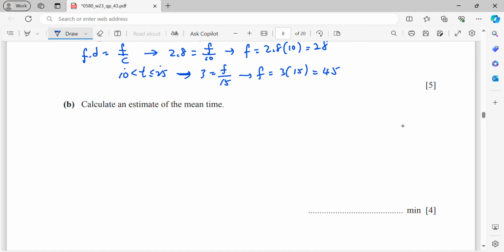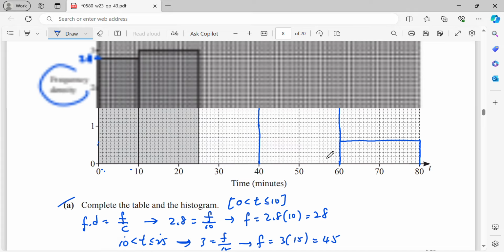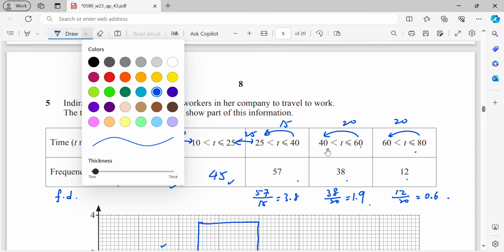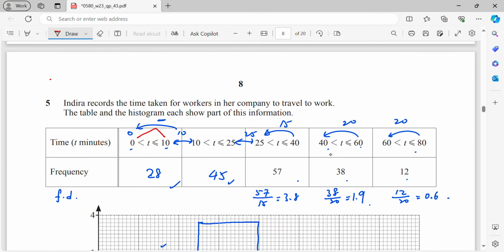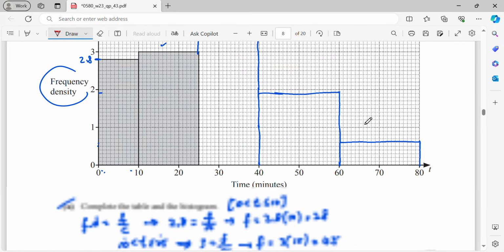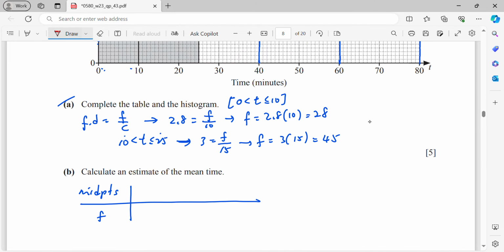Now B, calculate an estimate of the mean time. For the mean time, we need to get midpoints together with the frequency. Midpoints are counted using the average, which means you add the two limits together and divide by 2. So 0 plus 10 divided by 2 gives 5.